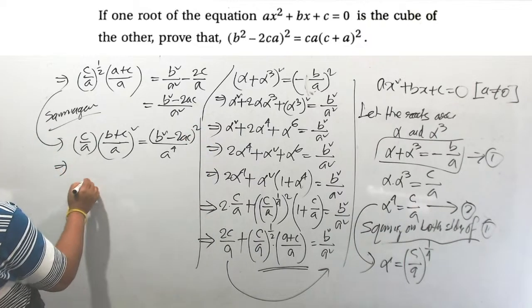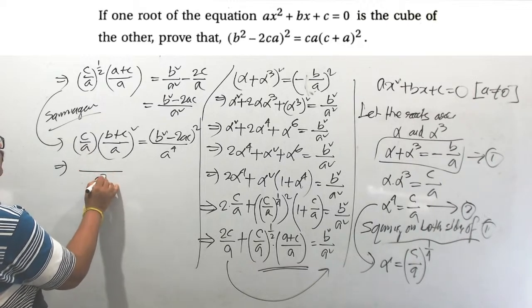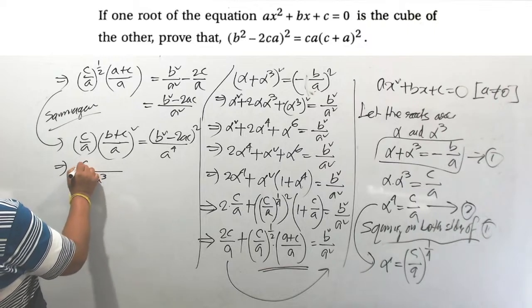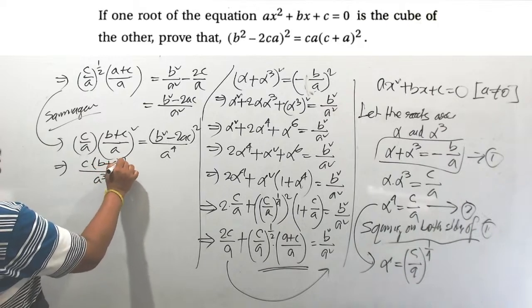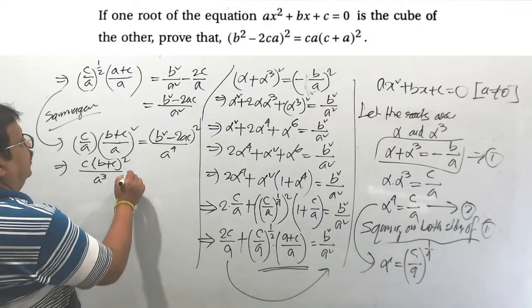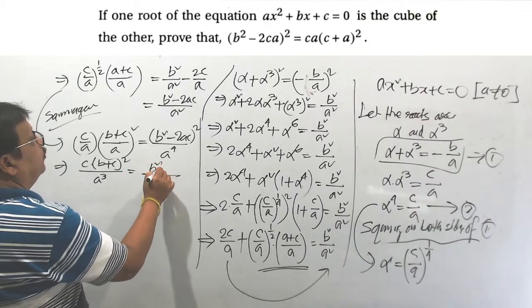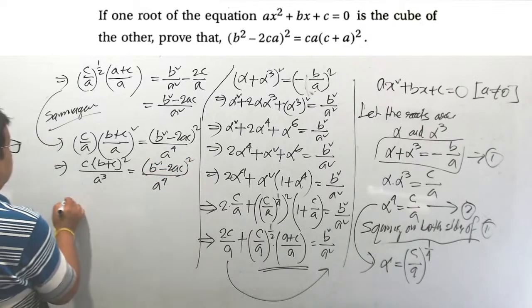Simplify now again. That is c by a, that is a cube, due to square, c into (b plus c) whole square. This equals a to the power 4, (b square minus 2ac) whole square. Understood?